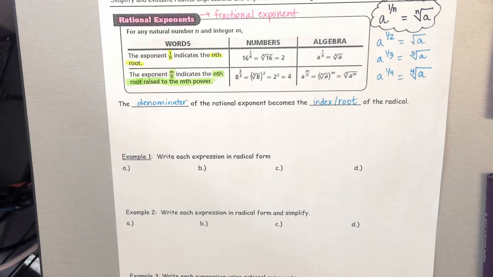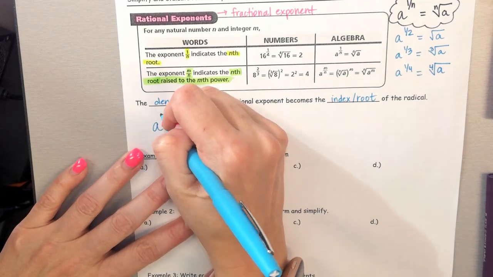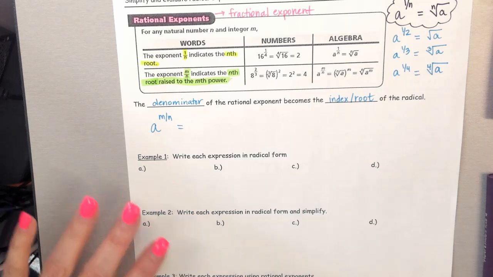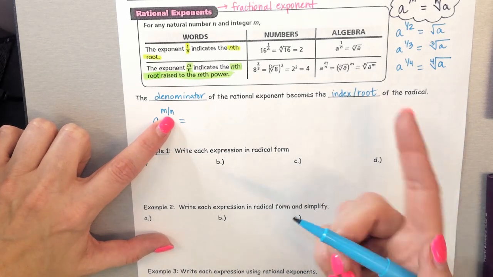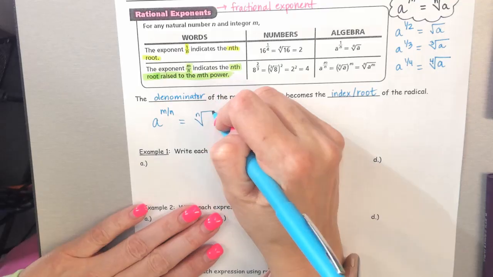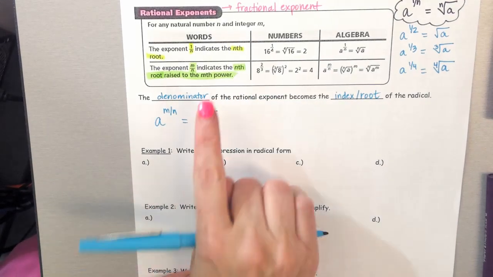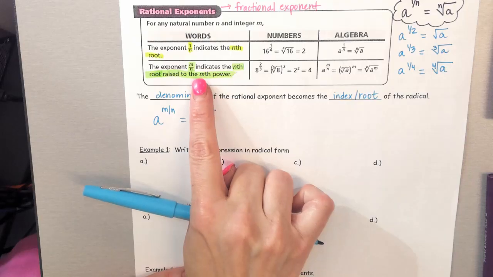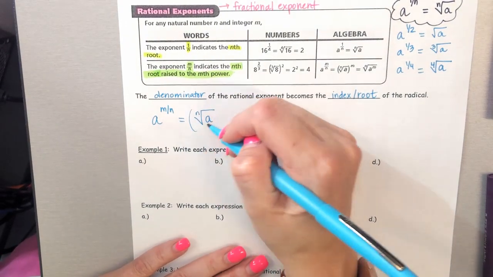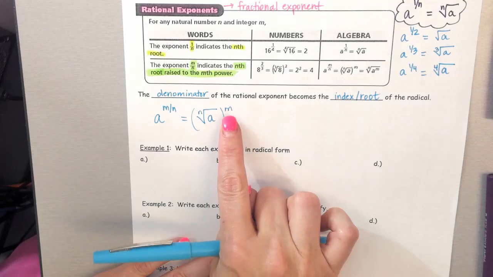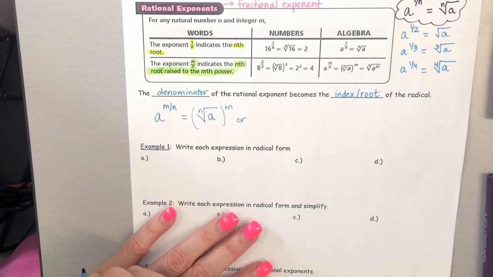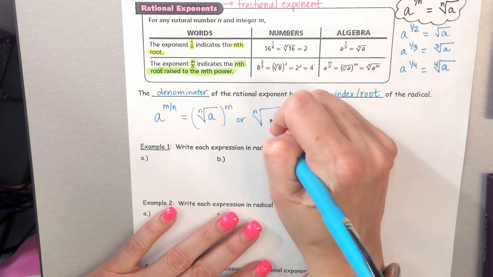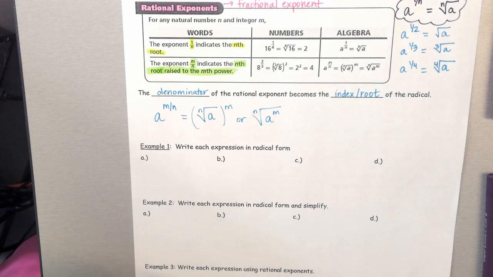Okay, so when you have a to the power of m over n, there's 2 ways that you can write this. Okay, so the denominator is the root. Okay, so it's the nth root of a. And then here it says it's raised to the m power. So there's 2 ways you can do that. Okay, you can put the m power on the outside, or you can put the power on the inside.